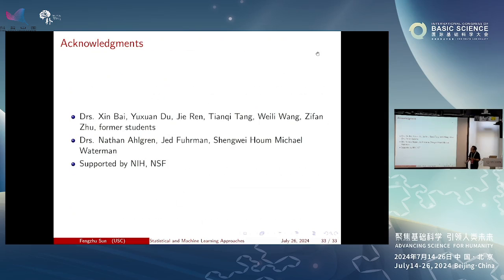I also want to give some acknowledgements. The early part of this work was done by my former student Renjie, who did the viral finder, DeepVirFinder, and also helped with the viral host method. She now works at DeepMind, Google Brain.